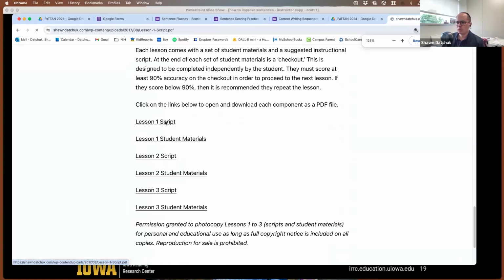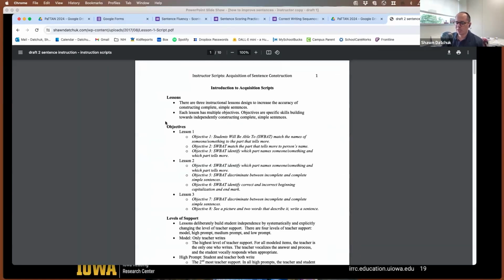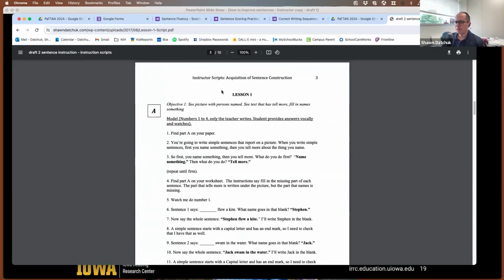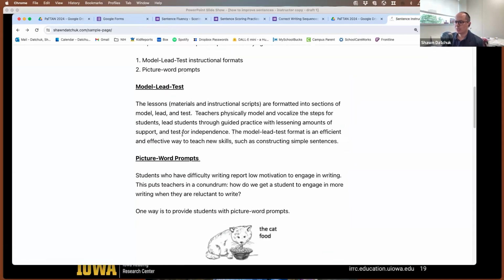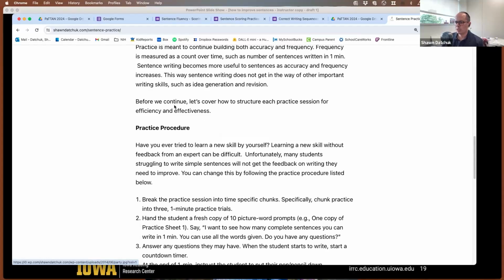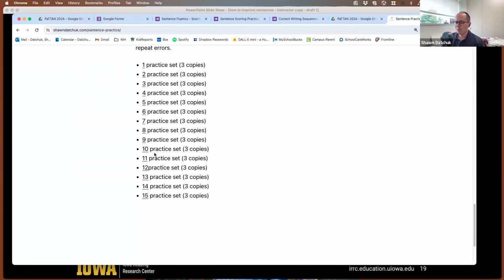And then there are also some accompanying scripts, so suggested instructional language that we have used in prior studies. That's for each one of the lessons. If you go over to sentence practice, you're also going to scroll down, and same thing, you will be able to click on downloadable PDF files. So here is, let's say, practice set 8.